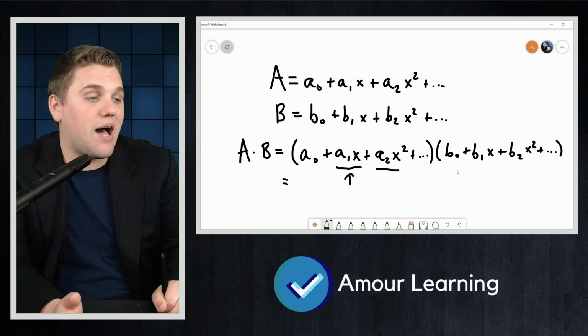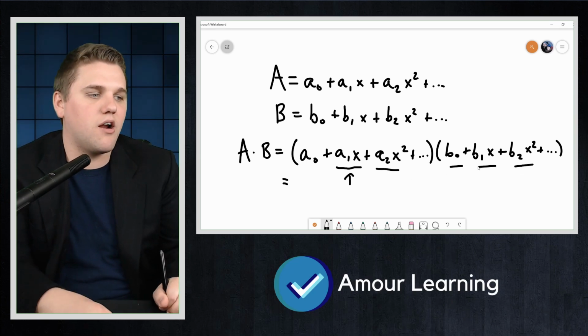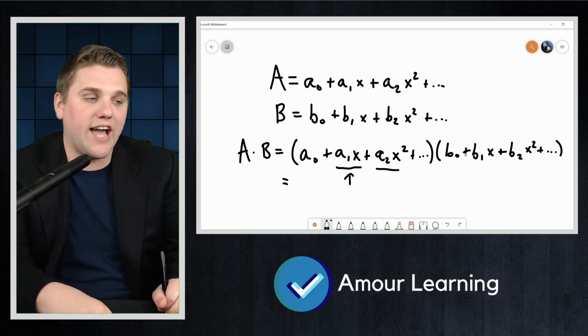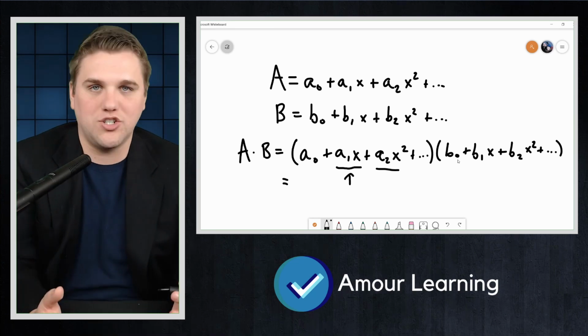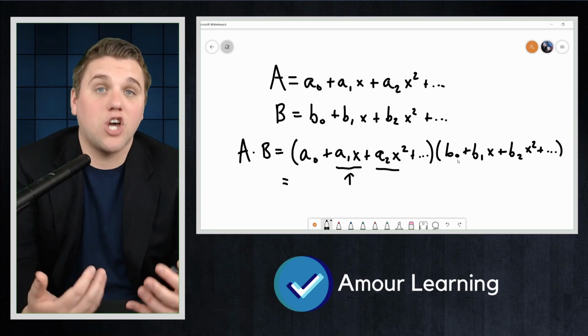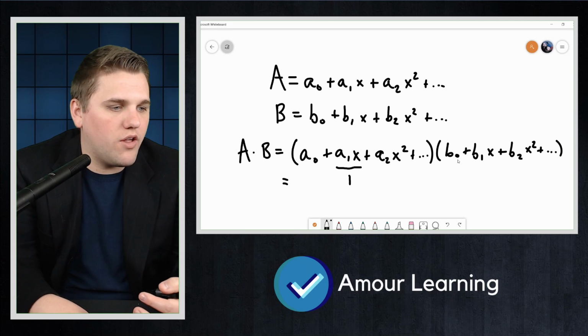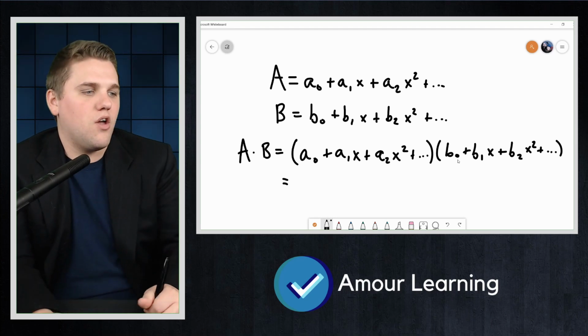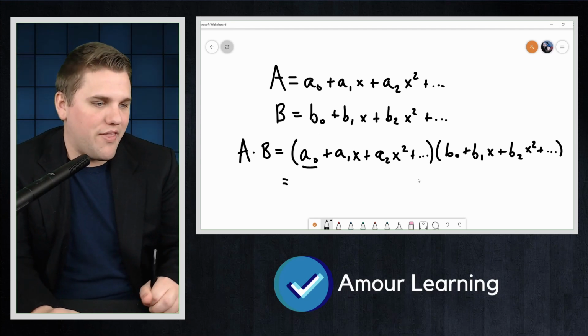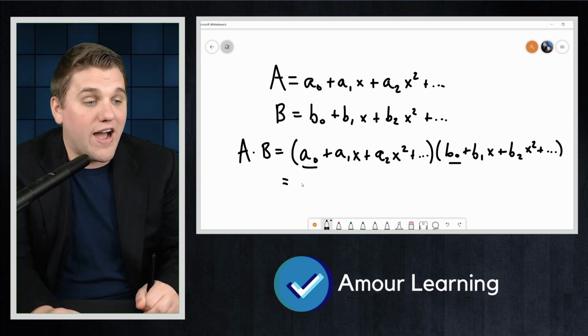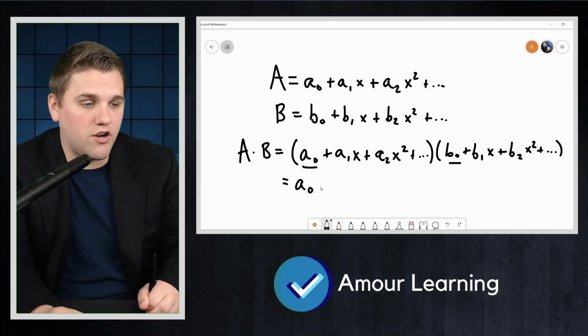Likewise, multiplying that by every single term here is going to give a factor of x squared, which is not going to contribute to the constant term. So to get the constant term, the only way is to multiply the constants, a0 and b0. In fact, the first term in this generating function would be a0 times b0.